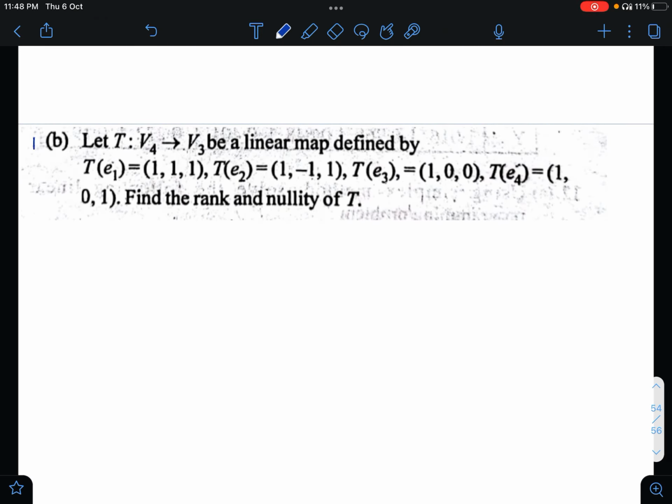Now let us solve 1B of the 64th Bihar PCS Paper 1. It says that T from V4 to V3 is a linear transformation.